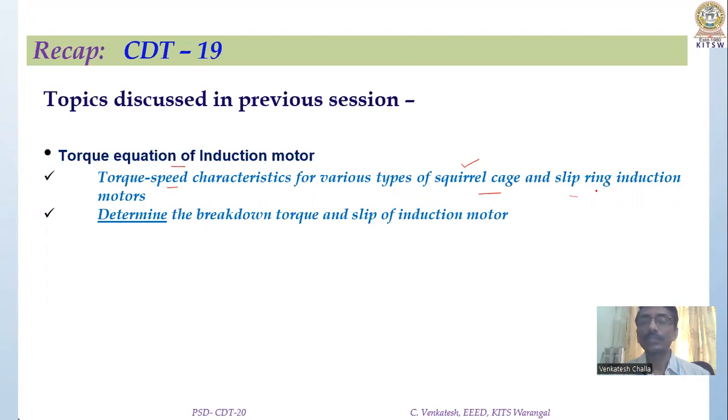In a slip ring induction motor, how the torque-slip characteristics can be varied by varying the external resistance. Accordingly, we derived the equation for the breakdown torque, or the maximum torque, and determined with a numerical example how the breakdown torque and the slip can be calculated.